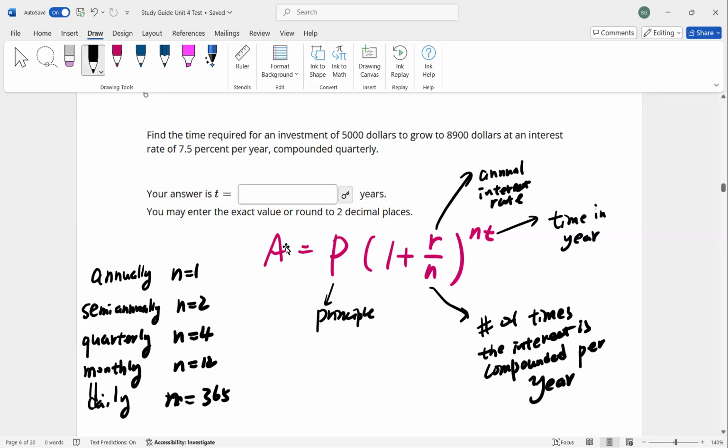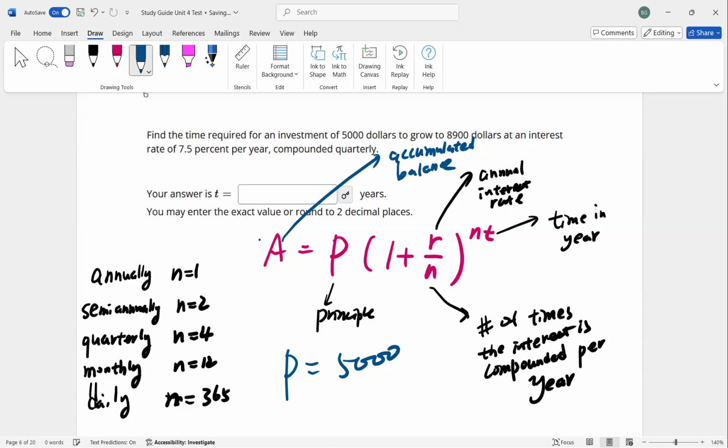In this case, P: find the time required for an investment of $5,000. So your investment is $5,000; your P is $5,000. To grow to $8,900. What is A? A is the accumulated balance, the future value of the account.